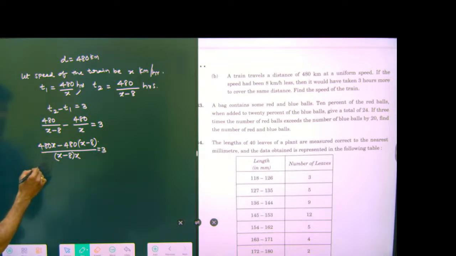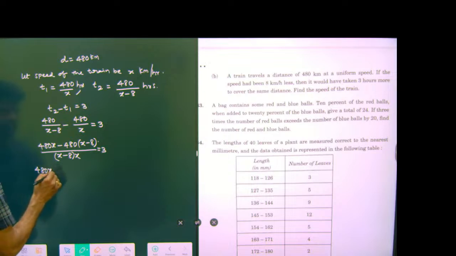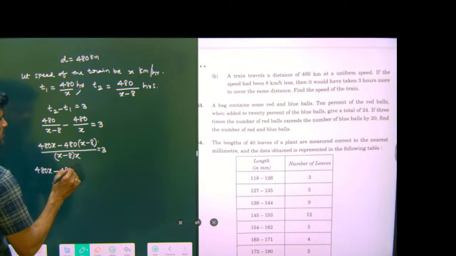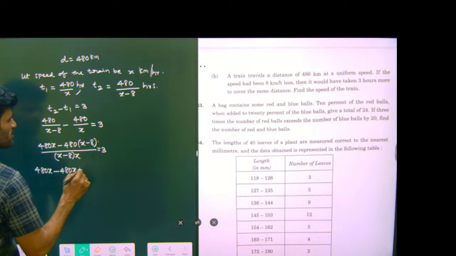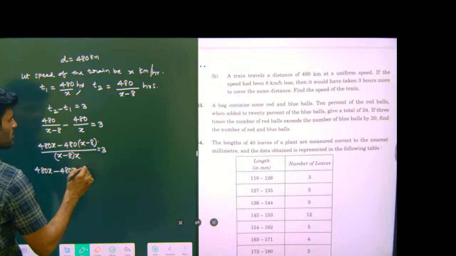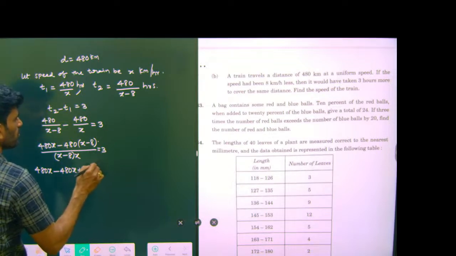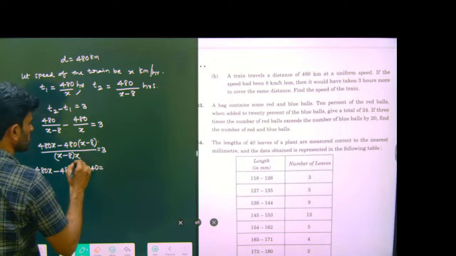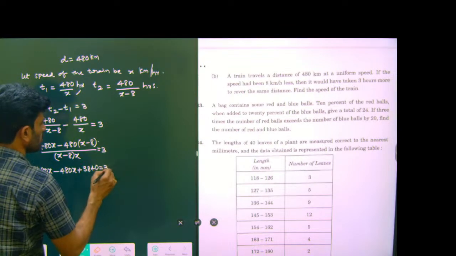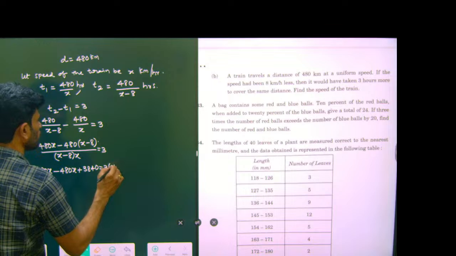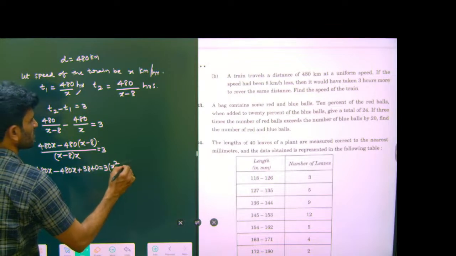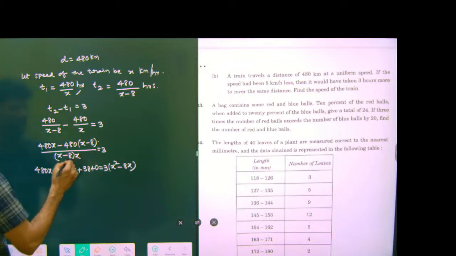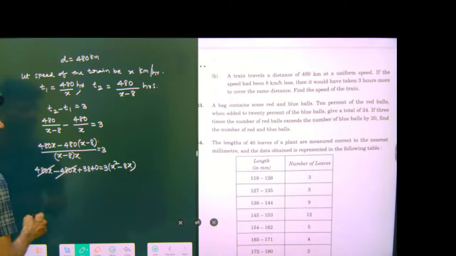Now this is 480x minus 480x, minus into minus plus. When you multiply this, 3840 is equal to, if you send that side, 3 into x square minus 8x, x into x, x square minus 8 into x. Now plus 480x minus 480x will be cancelled.